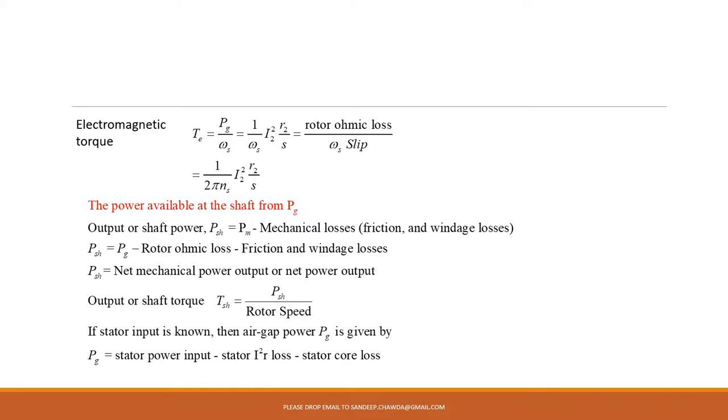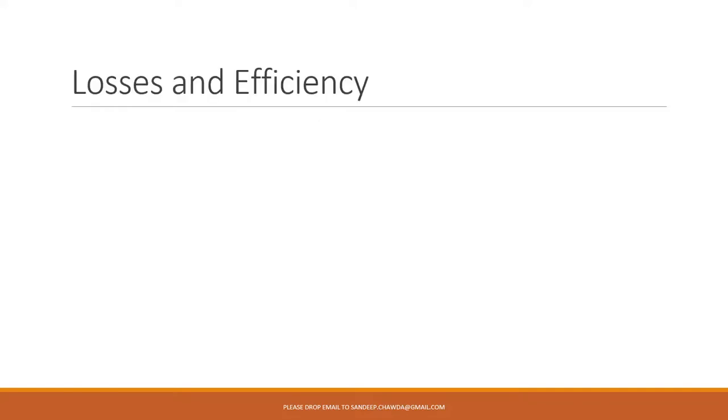Mechanical losses means friction and windage losses. That needs to be subtracted from the mechanical power in order to get the shaft power. Once shaft power is with you, you can calculate the shaft torque.